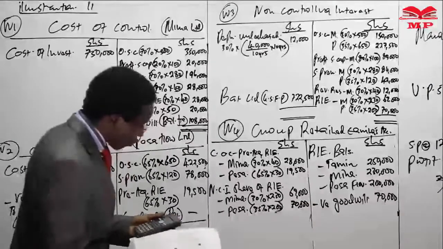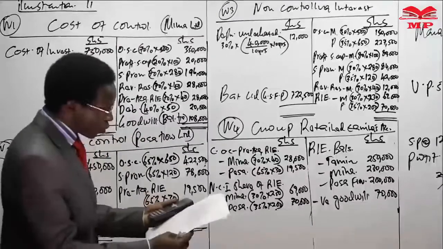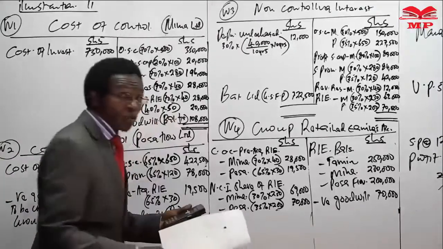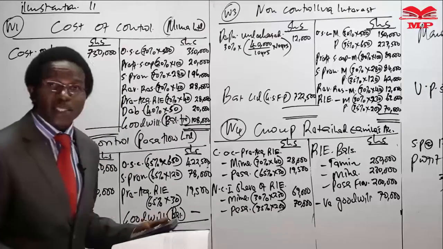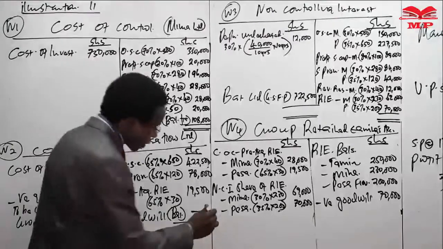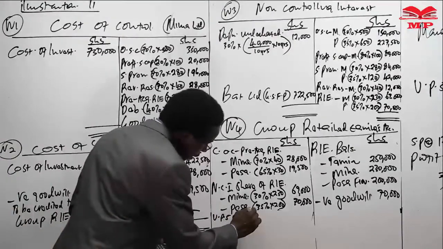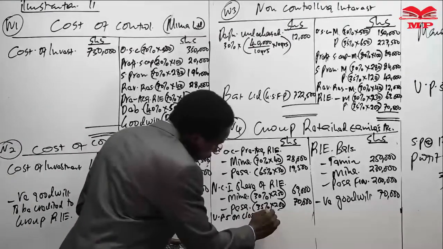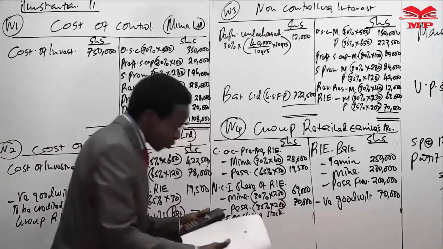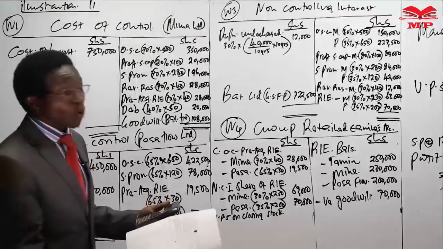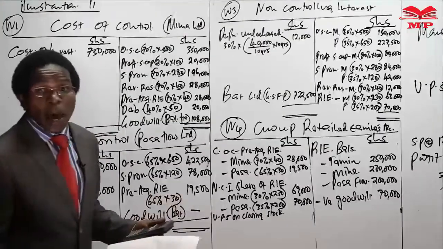The unrealized profits in respect of note number 4 on closing stock. Remember, it was a downstream transaction, so it doesn't affect the non-controlling interest. How much was it coming to? We were given a markup of 25%, and we were able to convert it to a margin.